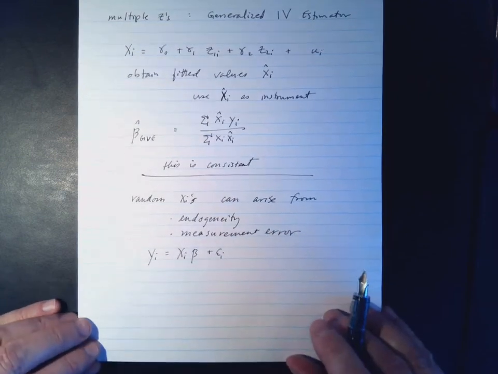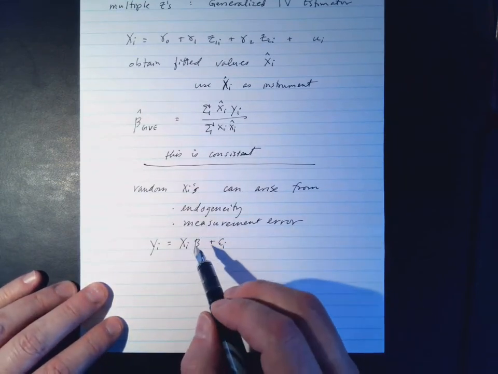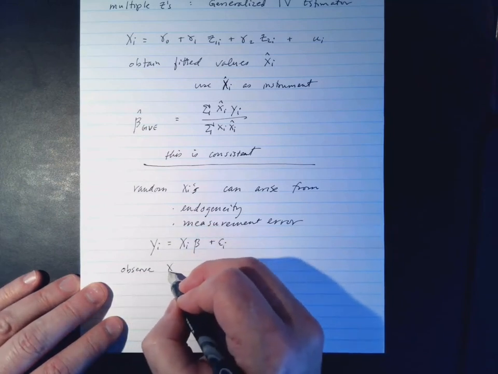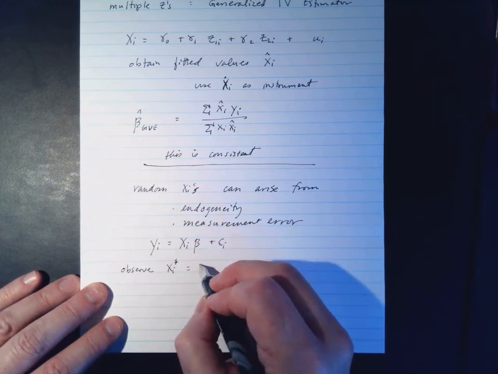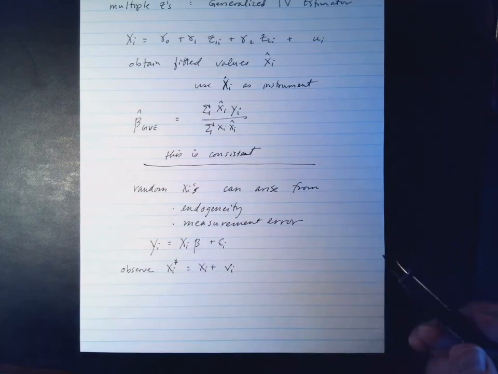That's the true model, but we don't observe the true value of x. We observe x star equals x plus some noise term or some random term v.